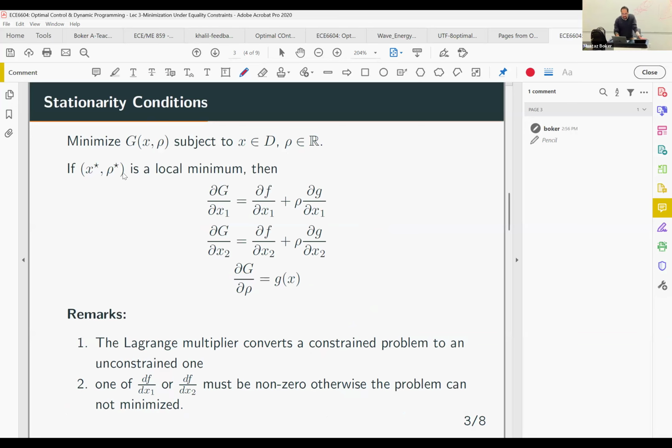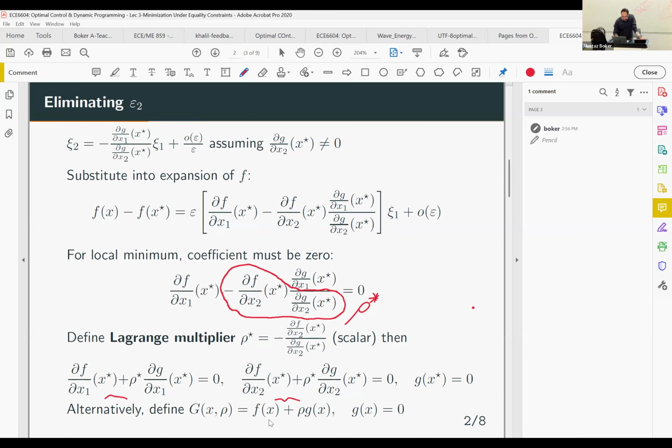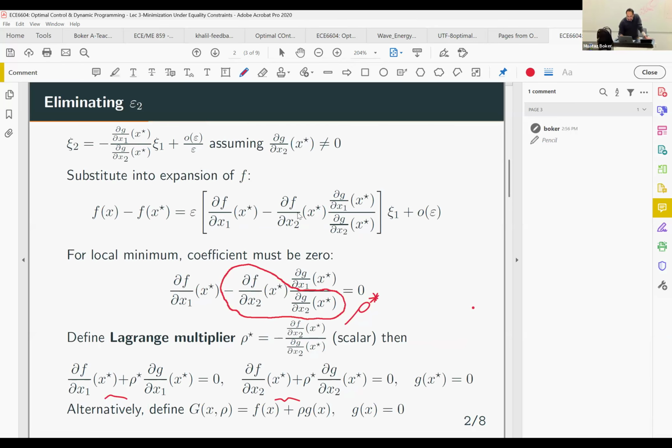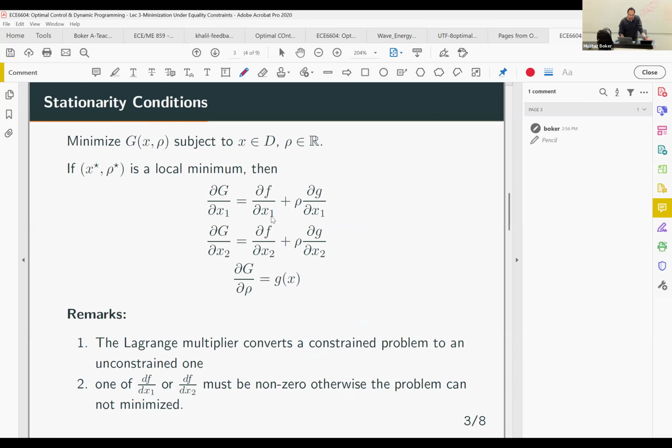So if x star and rho star is a local minimum, then the partial derivative of G with respect to x1, we are going to differentiate this with respect to x1, is equal to partial derivative of f with respect to x1 plus rho partial g with respect to partial x1.